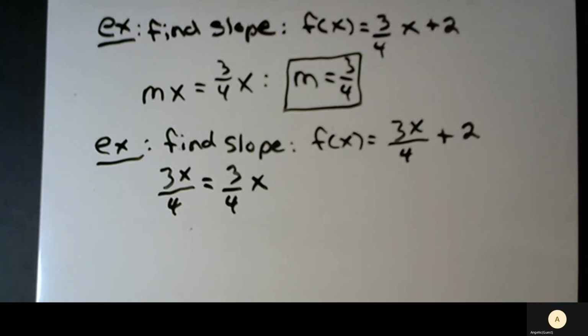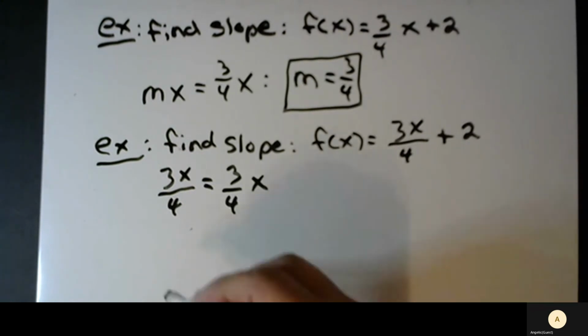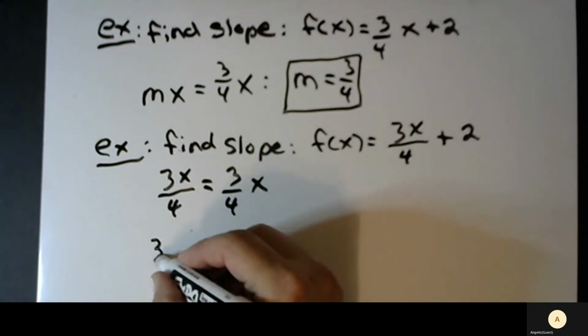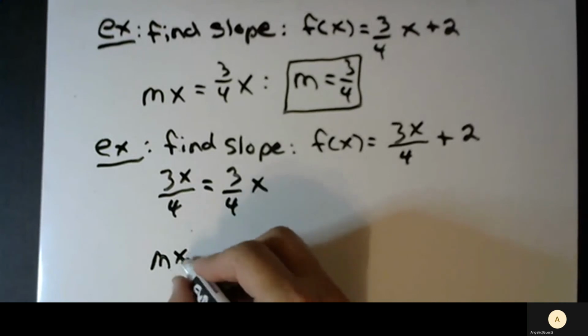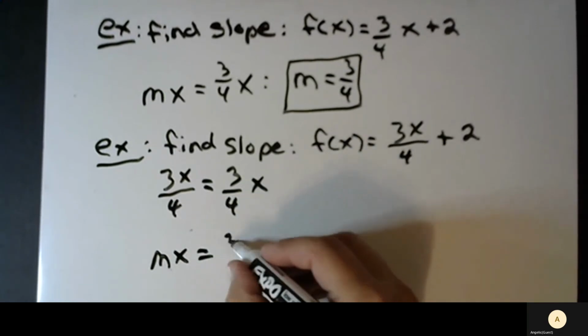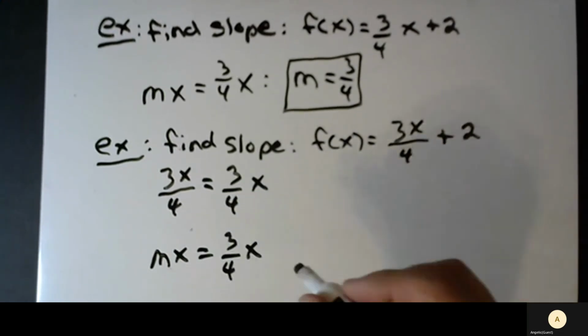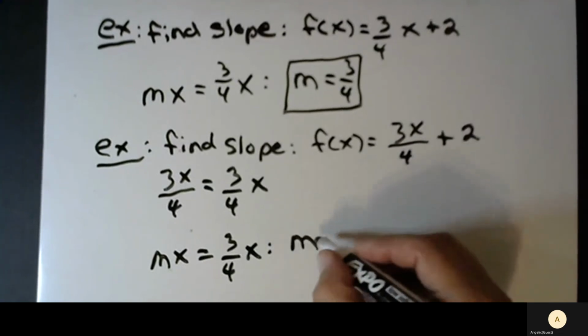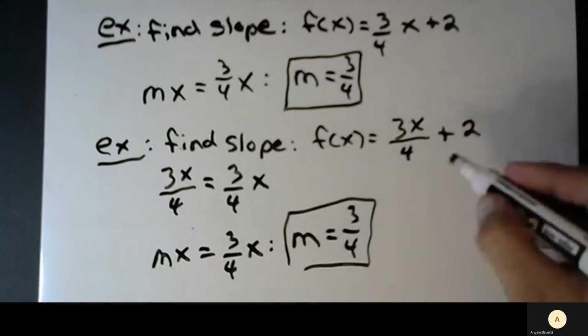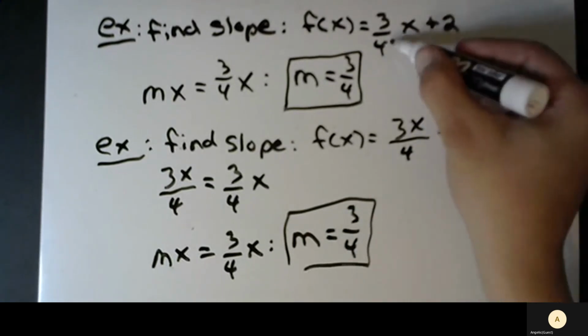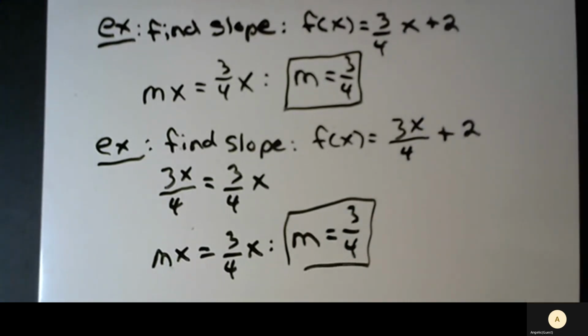You can rewrite it like that. And so what happens is mx is 3/4 x. And once again, m is 3/4. So same slope, but it can look a little different from line to line. Questions about that?